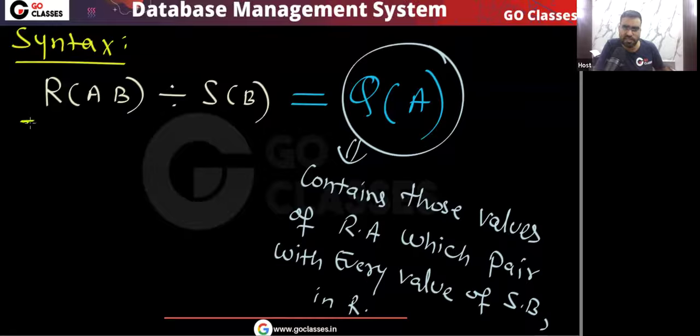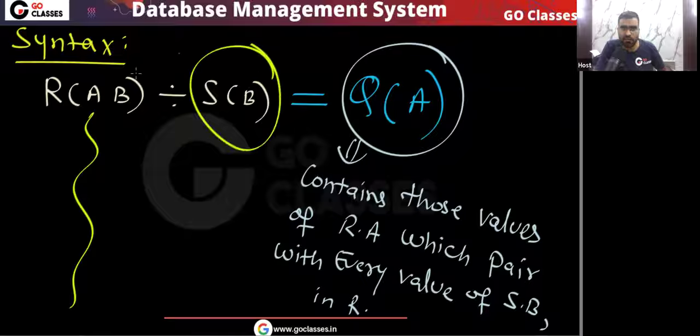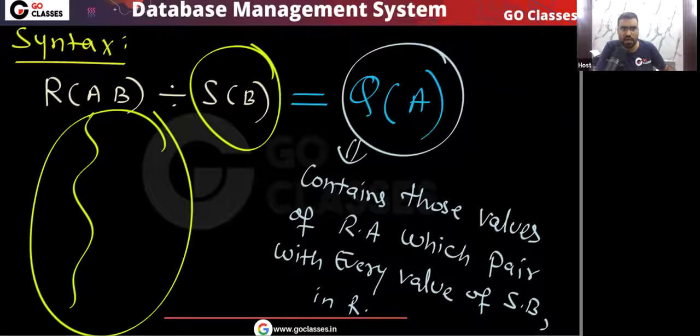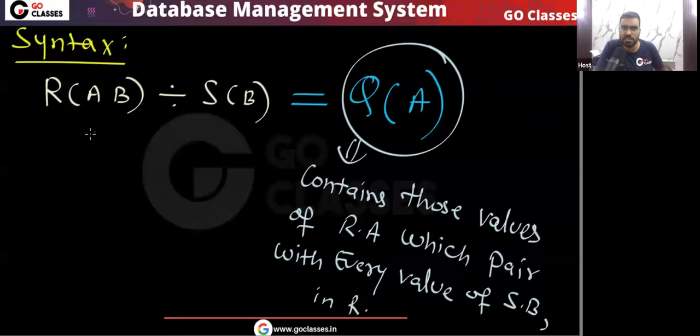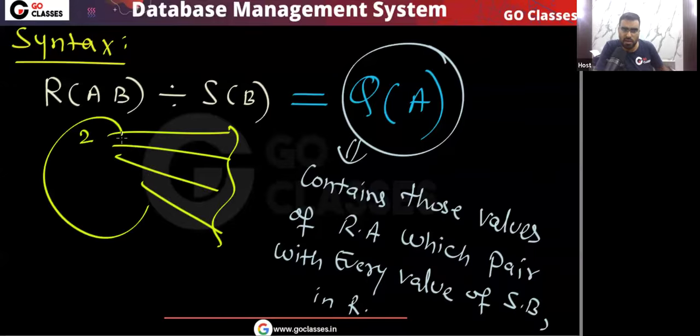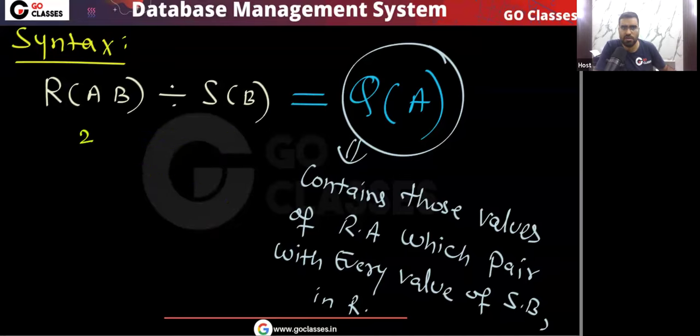Understand the syntax. You have AB divided by B. If you do AB divided by B, the output will have only A. Output will have only those values which pair with every value of S.B in R. For example, this value pairs with every value in R. Is this clear?